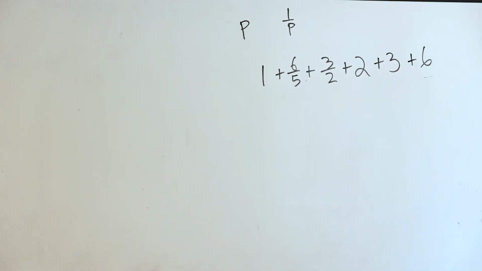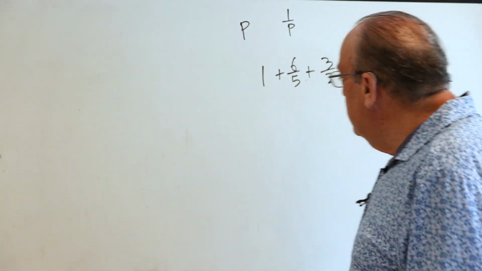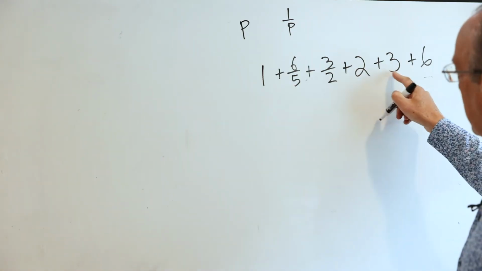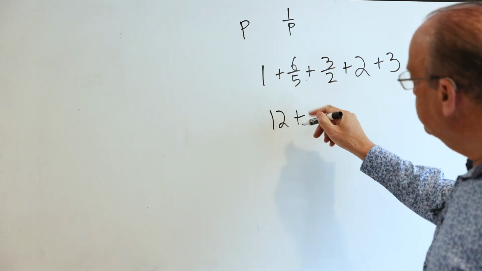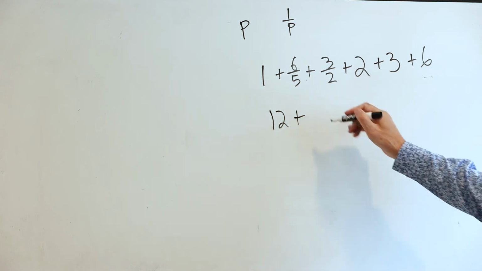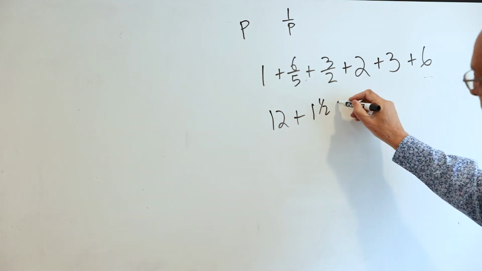So the expected value of how many times you have to buy a box before you get all 6 prizes would be this sum. 6 plus 3 is 9, 11, 12. So it's 12 plus these 2 fractions. So this is 1 1/2, and this is 1 1/5.